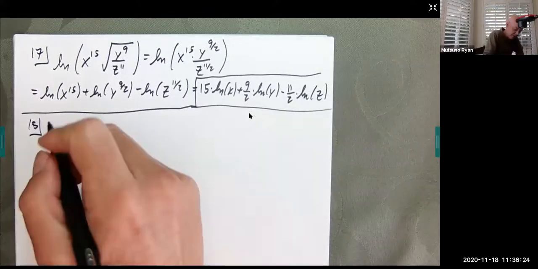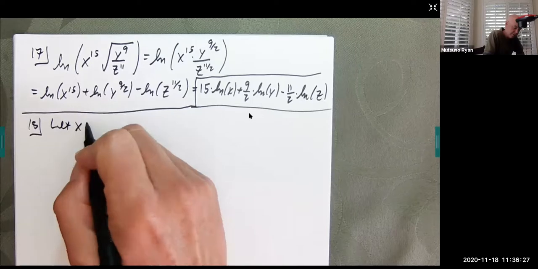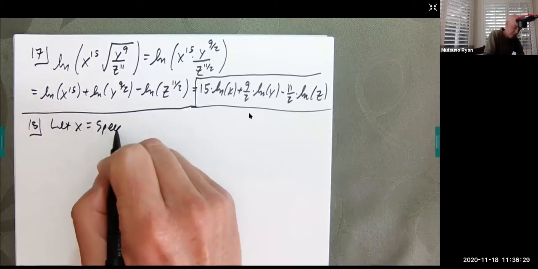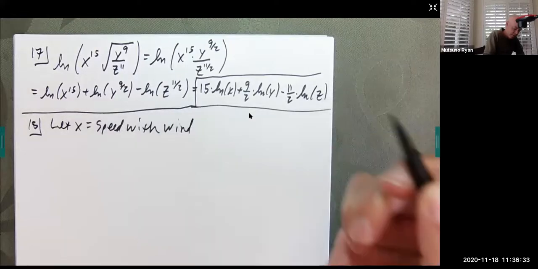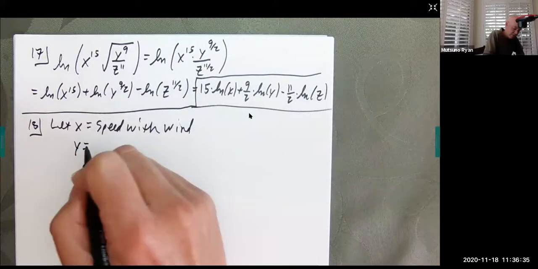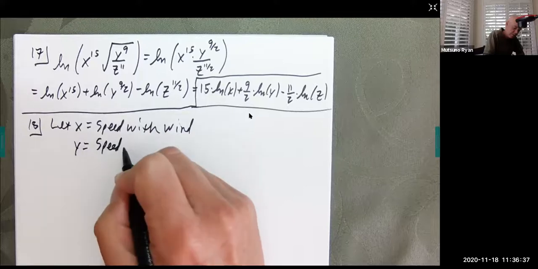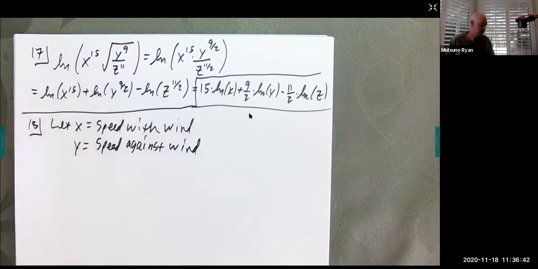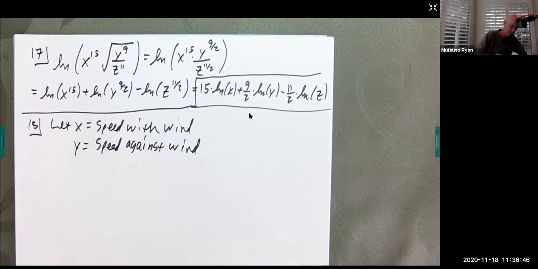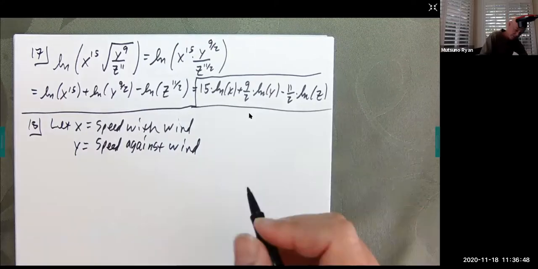First off, I'm going to let x equal the speed with the wind, and y is going to be the speed against the wind. And I'm going to set up a table.